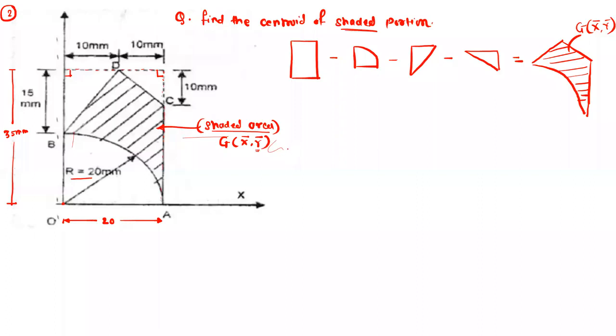We have to first prepare the table. This is the area, represented as Ai.